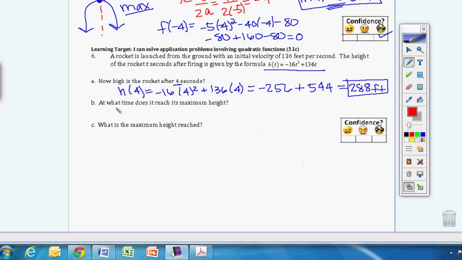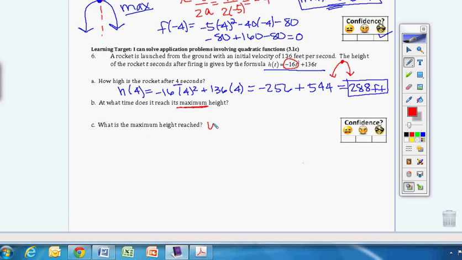Now we want to know at what time it reaches its maximum height. If you notice, the a value is -16, so we know again it opens down and has a max height. What time does it reach its max height, and then what is the height?